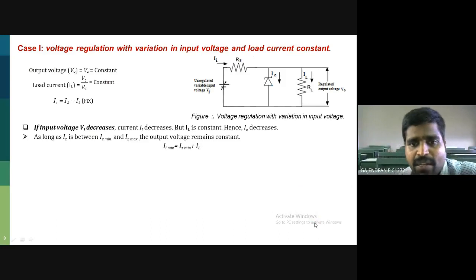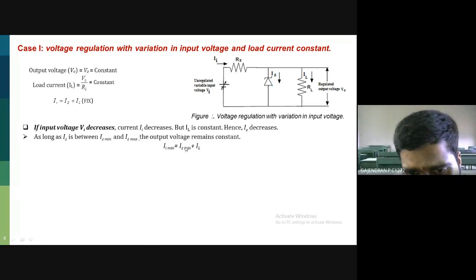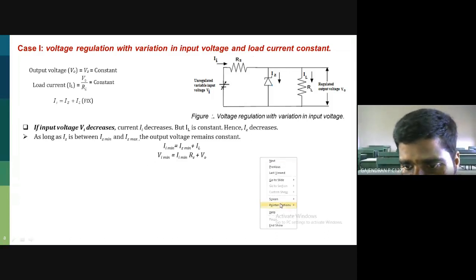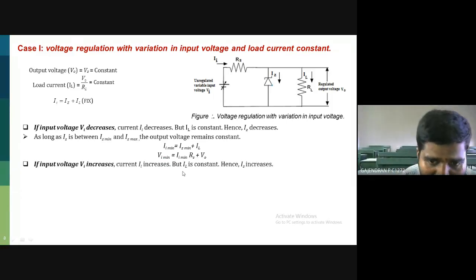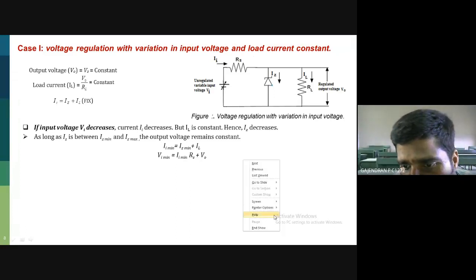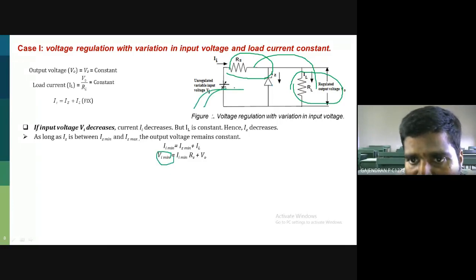ஓகேவா? Yes. So this is the minimum current. So Zener ஓட minimum current plus load current is the Zener minimum current. This is the minimum voltage. What is the minimum voltage drop can occur? In the region குள்ள we are going to give the supply. Okay ba? So this is my output voltage. This is the drop across the resistor. இது ரெண்டையும் add பண்ணா what is the minimum voltage எனக்கு இந்த device ல கொடுக்கலாம்னு தெரியும்.